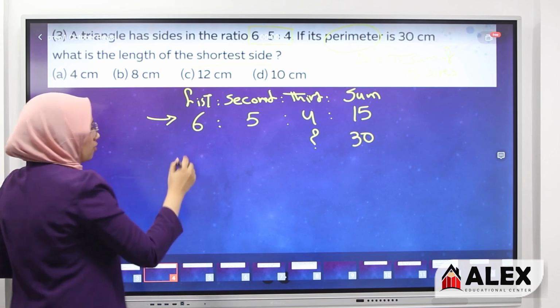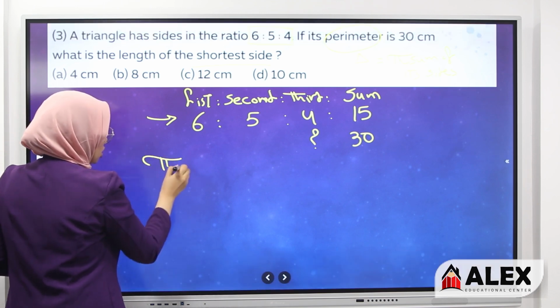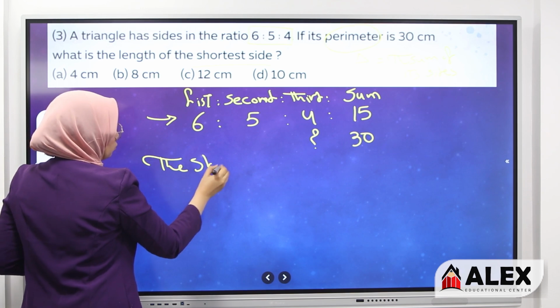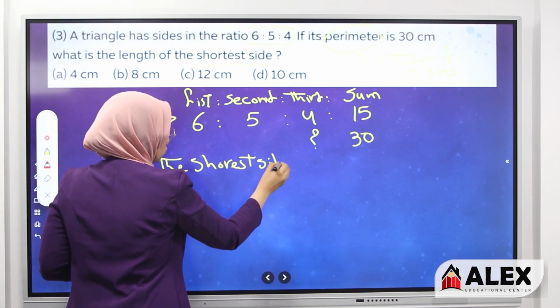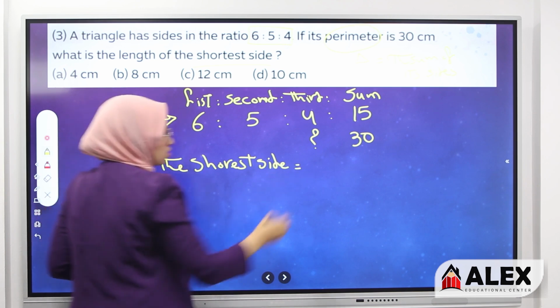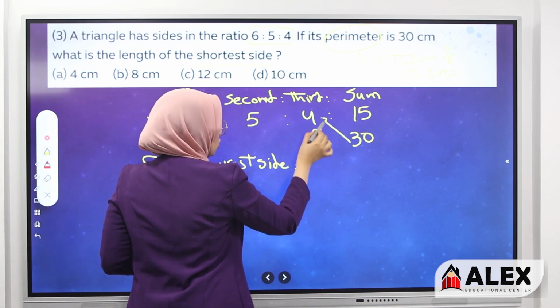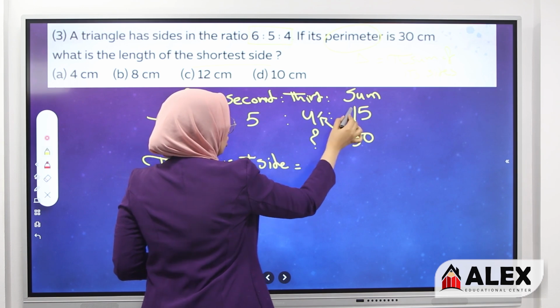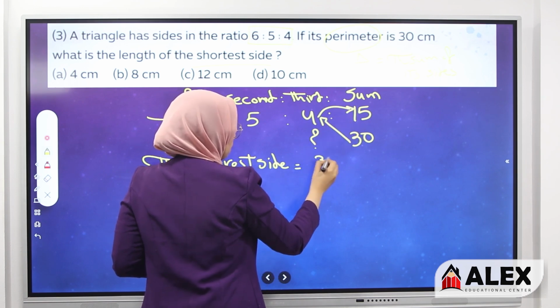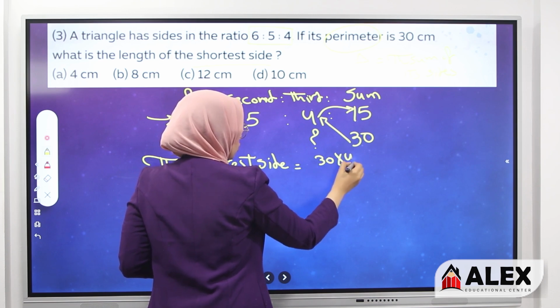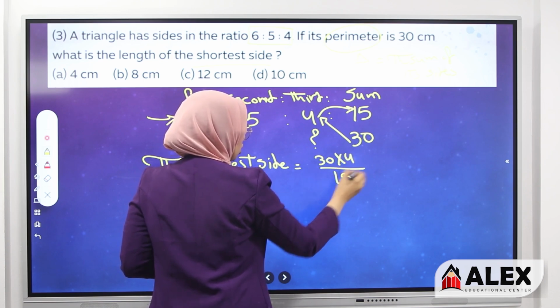Then the shortest side equals, by cross multiplication, 30 times 4 divided by 15.